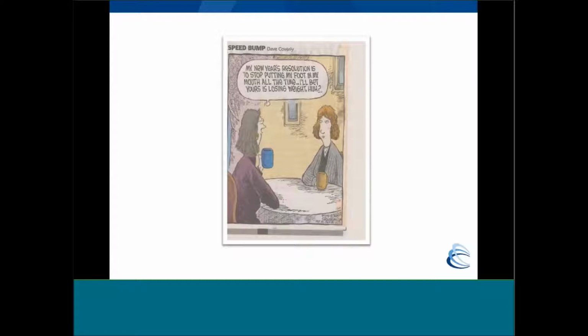But how many times, if we were true to ourselves, do we get so close in a conversation or a situation or in leadership and we just say the wrong thing? I can stand here, and there are many people in this room who will attest to this. I know that my mouth comfortably accommodates a size 8.5 shoe. So I regularly stick my foot in my mouth. Sometimes I don't even realize it. I realize it later.